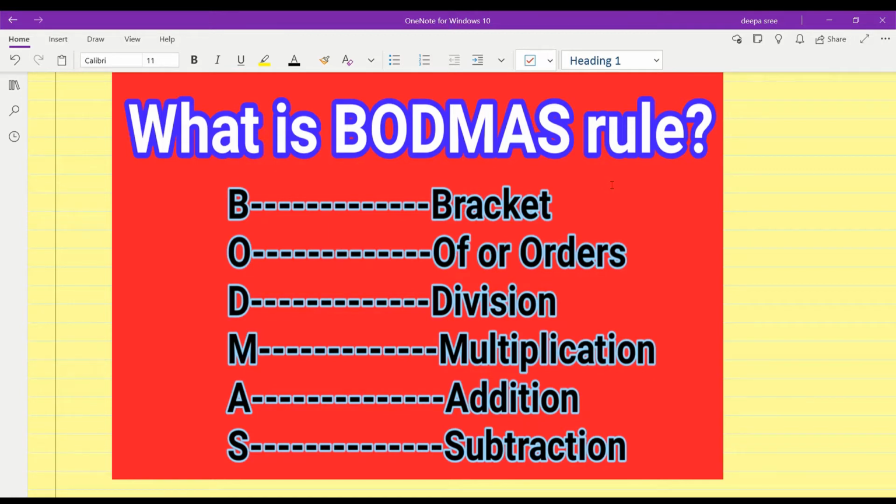First you have to solve the numbers inside the bracket. Inside the bracket also, we should check first whether division is there. You should do division first, then multiplication, then addition, then subtraction. So the last operation is subtraction.